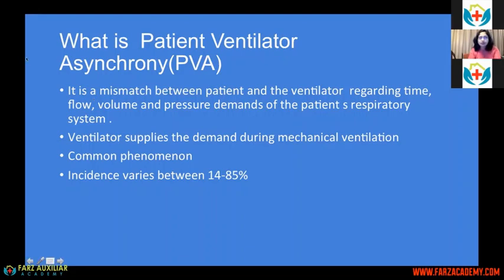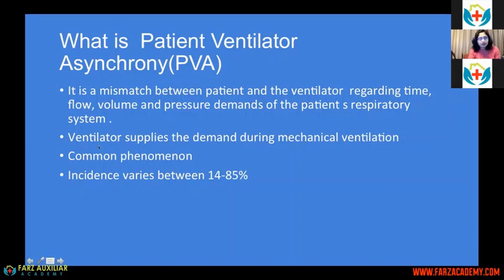The volume of gas which is either delivered by the ventilator, or the volume of gas which the patient is trying to take on his own. And again the pressure demands of the patient's respiratory system. So all these factors exist on both sides. The time, flow, volume of gas, and pressure demands exist with the patient and also with the ventilator. But when there is a mismatch, we find asynchrony.